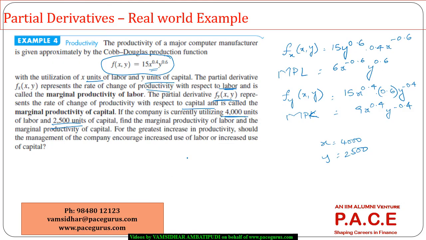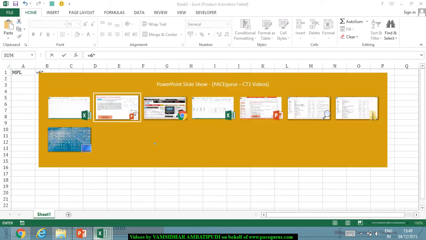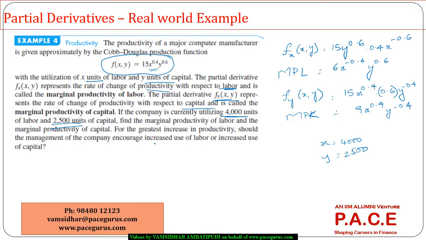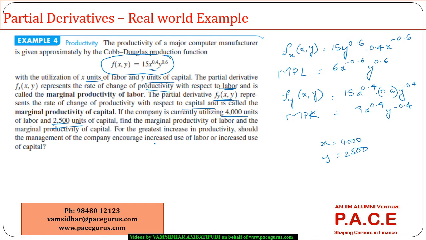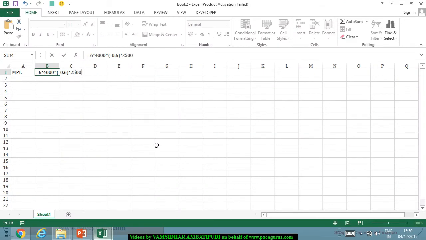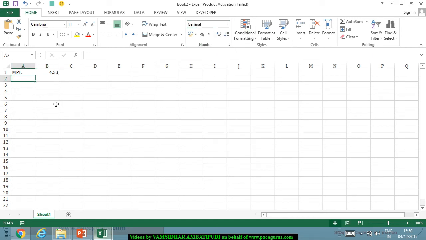6 times x to the power of minus 0.6. So marginal productivity of labor is nothing but 6 times x, which is 4,000, to the power of minus 0.6, and y to the power of 0.6, where y is the capital, 2,500 to the power of 0.6. So marginal productivity of labor has come to 4.52, probably I make it as a number coming out to 4.53.